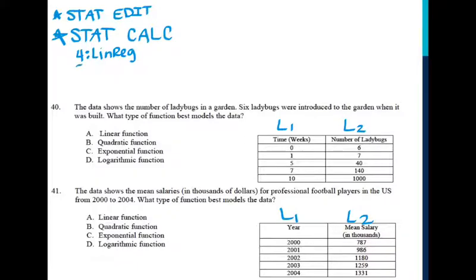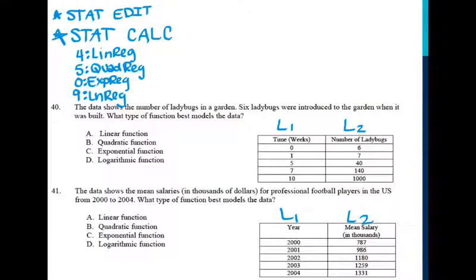You're also looking at quadratic regression, which is number 5, exponential regression, which is number 0, and logarithmic regression, which is number 9. It's the one that says ln for natural log.